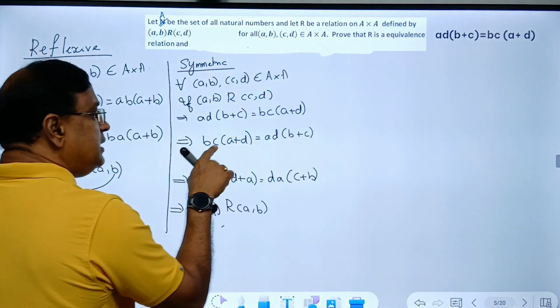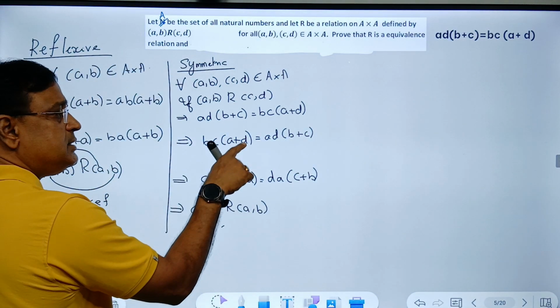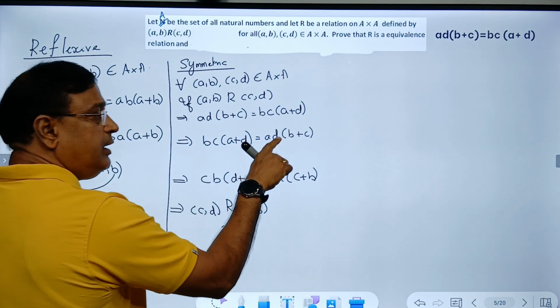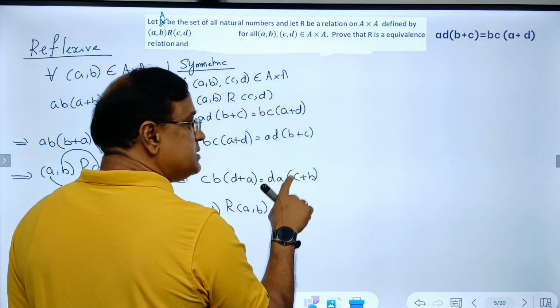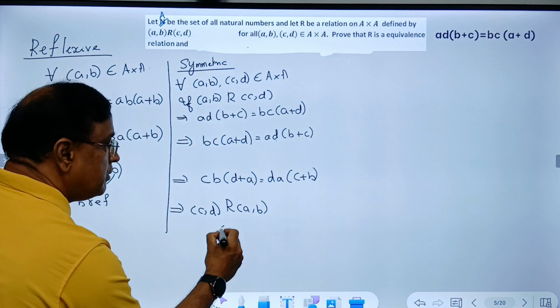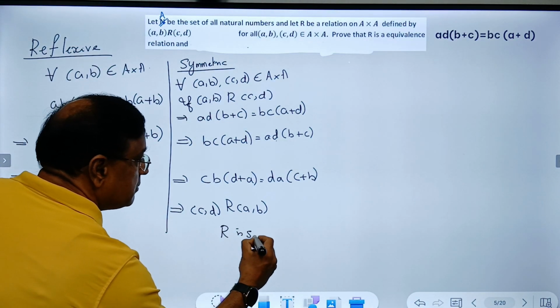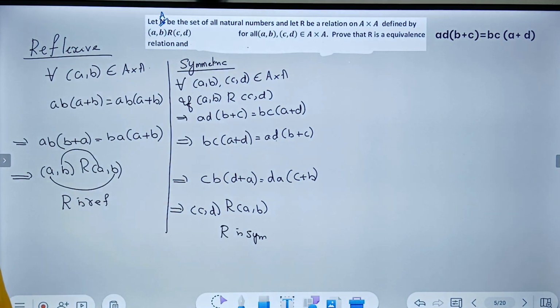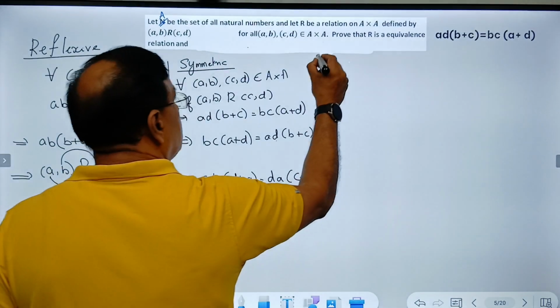Now BC is same as CB, A plus D is same as D plus A, AD is same as DA, B plus C is same as C plus B, hence proved. R is symmetric. Correct?